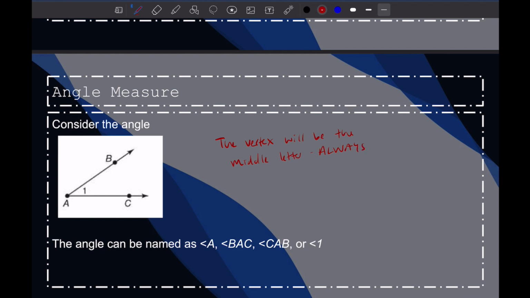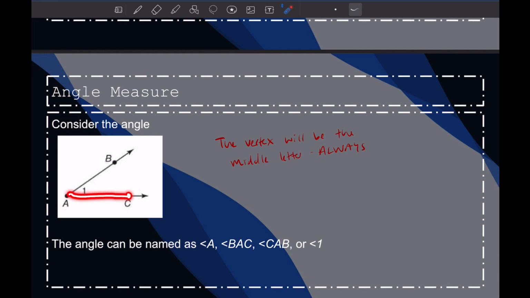So if I want to name this particular angle, I go B, A, because that's my vertex, and then C, right? That's how we write it. So we write angle BAC, or you can go the other way as long as that vertex is in the middle. So we have angle C, and then A, and then B, which is exactly what we have here.